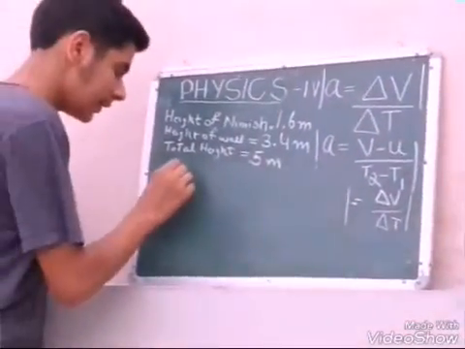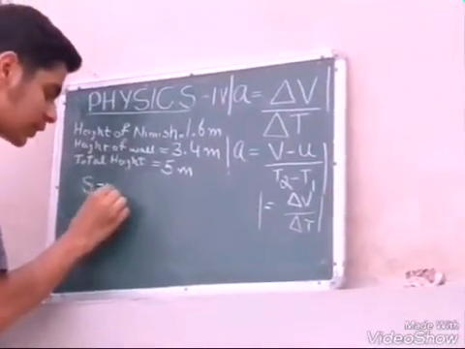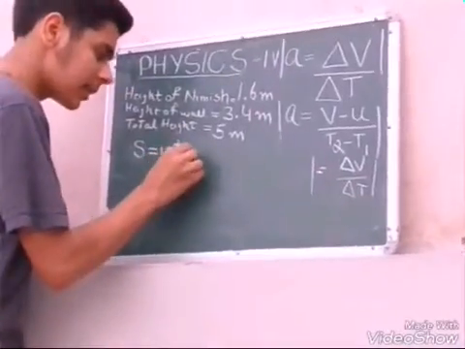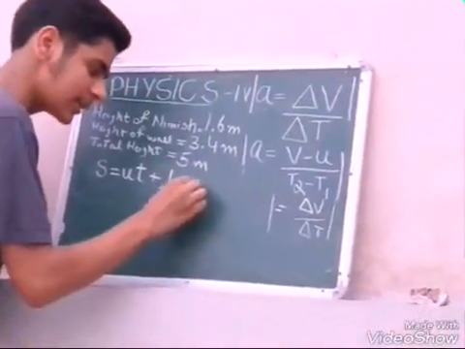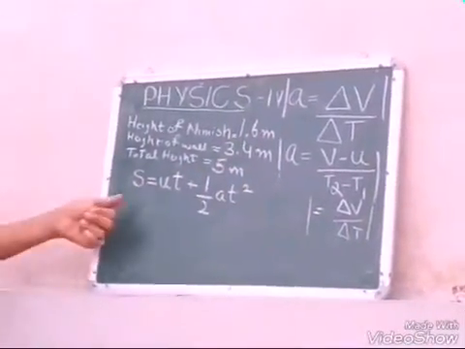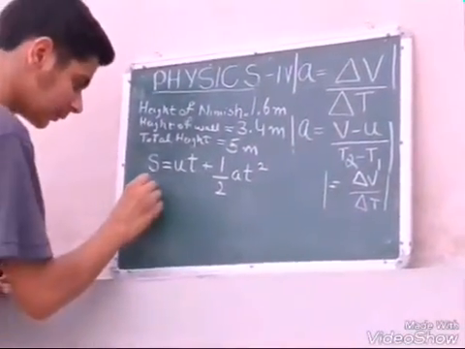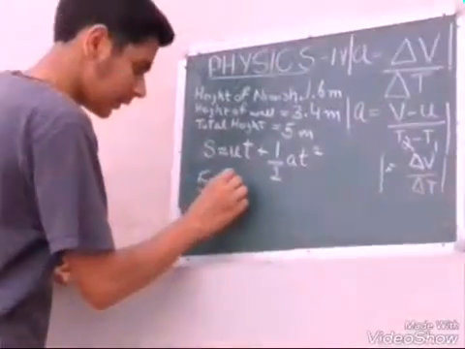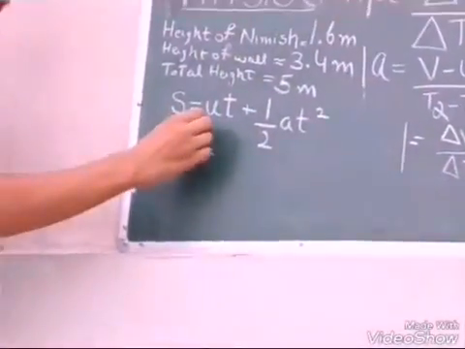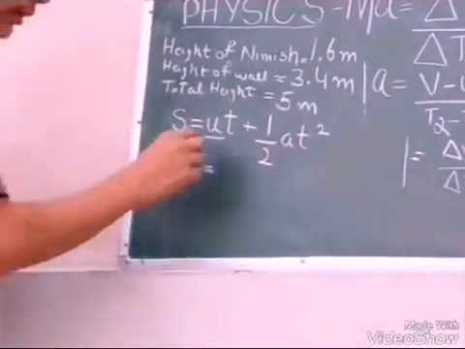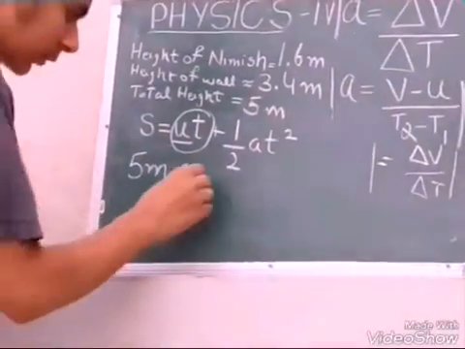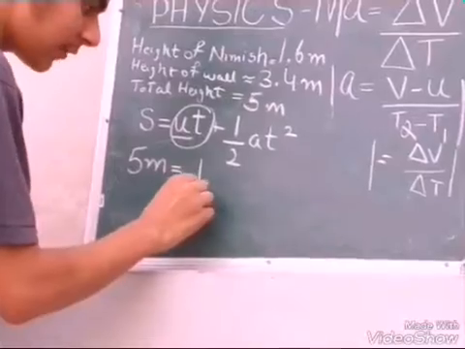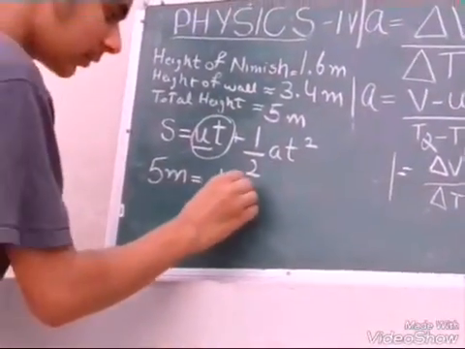As we know that distance is equal to initial velocity into time plus half into acceleration into time squared. What was the distance? It was 5 meter. This is equal to, as we know that our initial velocity was 0, then this whole expression will also become 0. So let's ignore it. This is equal to half into acceleration.